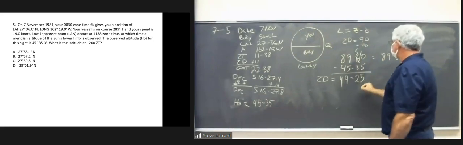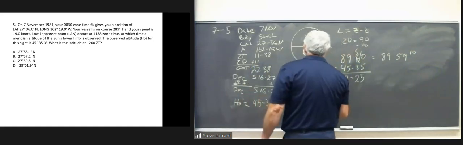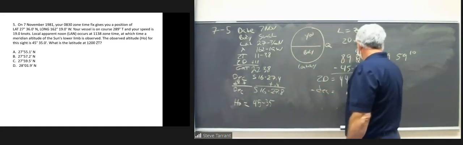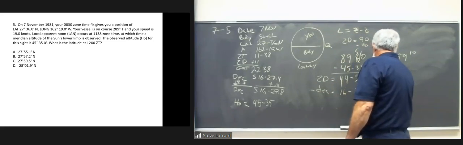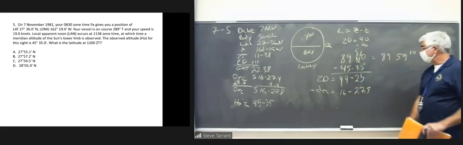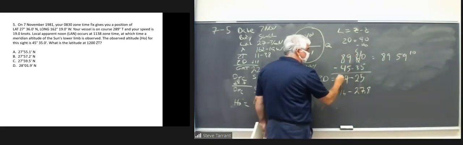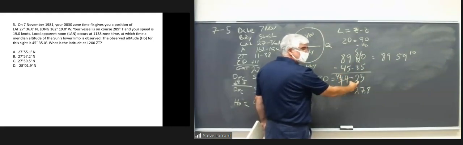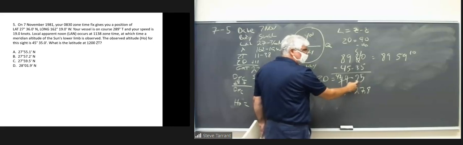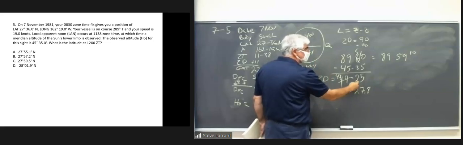So now I'm going to subtract the dec. What's my dec? 16 27.8. Now I've got to subtract that. Well, this is less than that, so I've got to borrow. So that becomes 43. When I take 1 from here, how many of these does it make? 60. So what does 25 become? 85. 25 plus 60 is 85.